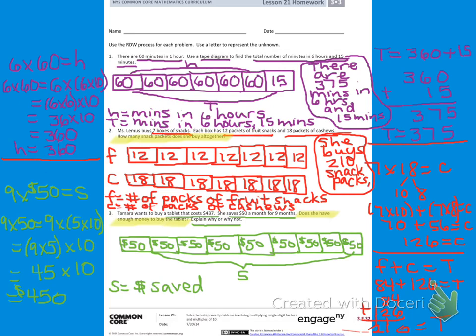The question is, does she have enough money to buy the tablet? Since $450 is more than $437, which is the amount that's needed to buy the tablet, then I know she does have enough money. Yes, she has enough to buy the tablet.